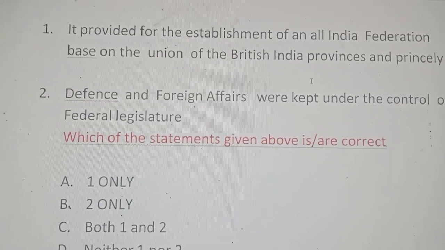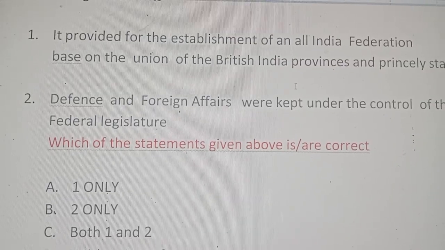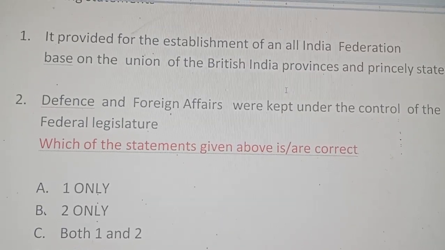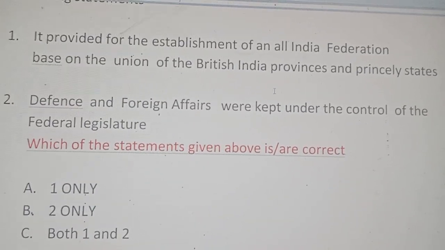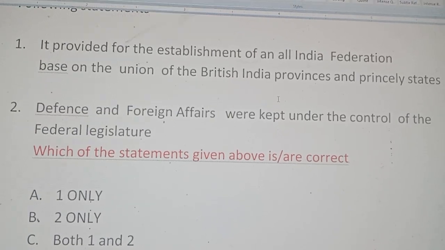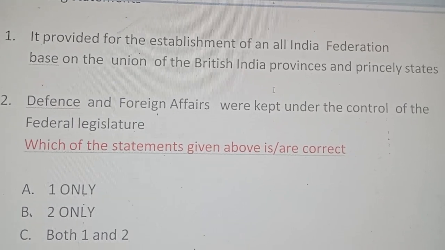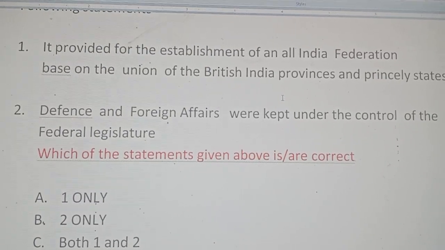So the statement that it provided for the establishment of an All India Federation based on the union of the British India provinces and princely states is correct, though only partially implemented. It was the first effort to make an All India Federation system. So the first one is correct.